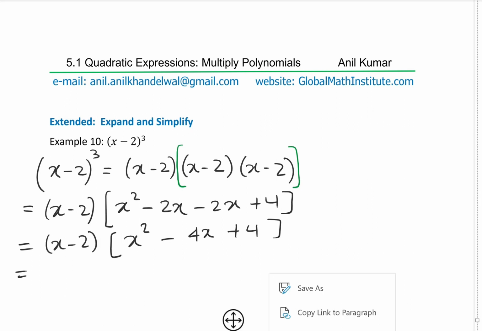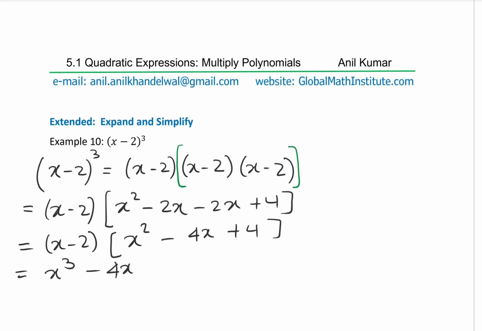Multiplying with x first gives you x cubed, and then with minus 4x squared and plus 4x. We'll actually land up with 6 terms, as you can see here. Right? Combine the like terms. Let's identify these.